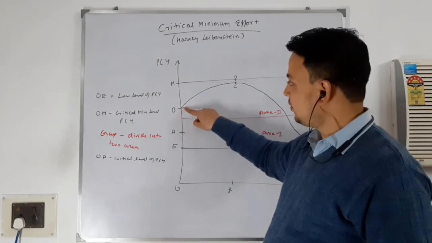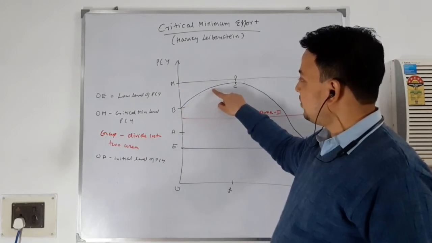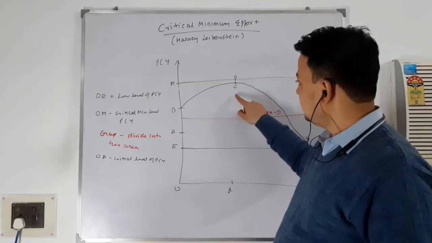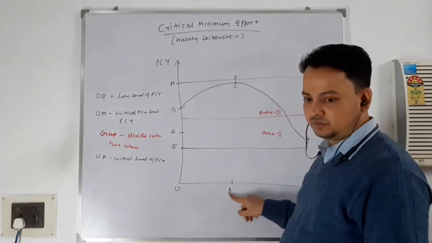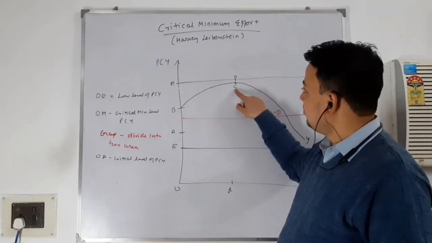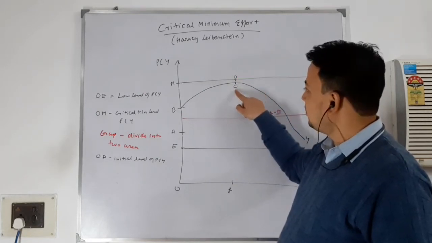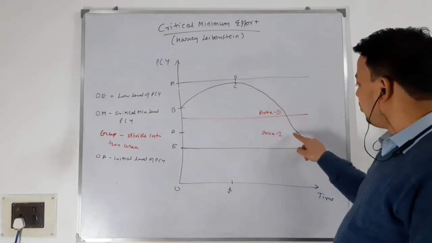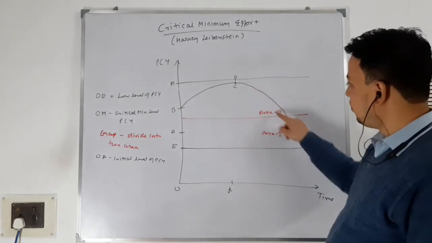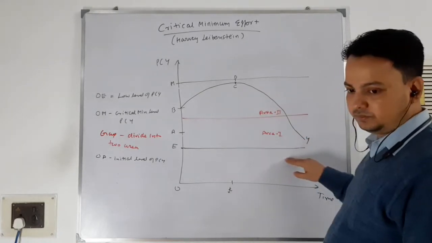So what happened? There will be increasing per capita income over time. Then at time t, I have to make a second injection of investment. Then I can move from C to D. If I do not make it, I will follow this path, the CY path, and my per capita income will fall to the normal level.